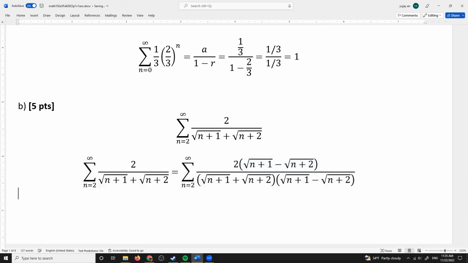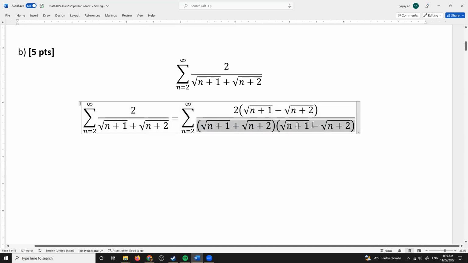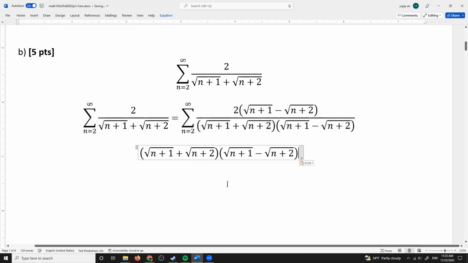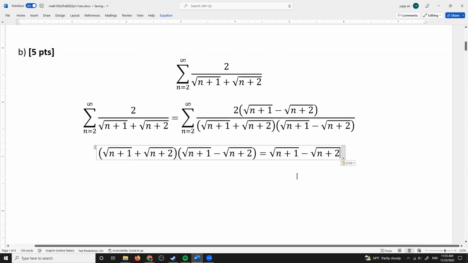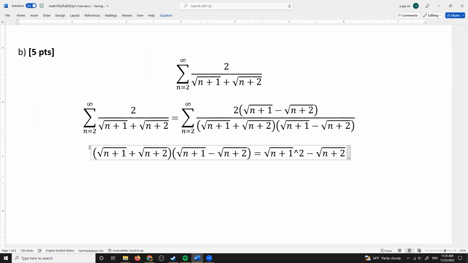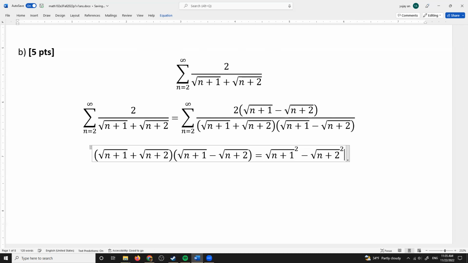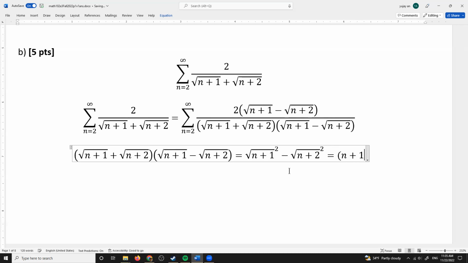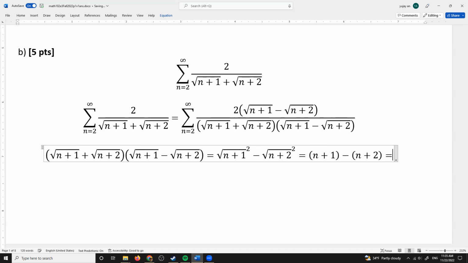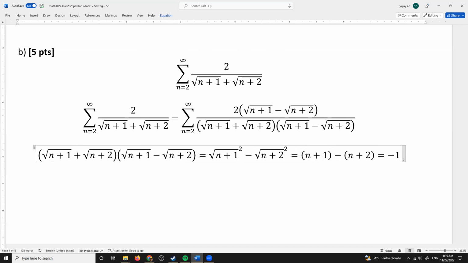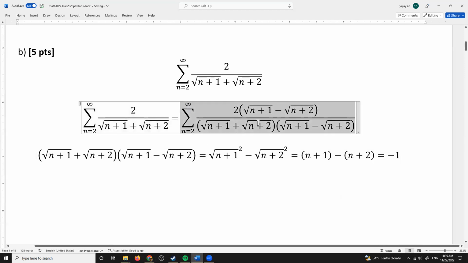And because this bottom thing is same as a squared minus b squared, it's a plus b times a minus b, and that becomes difference of 2 squares, right? And that turns it into n plus 1 minus n plus 2, which is just -1. So this is what we get.